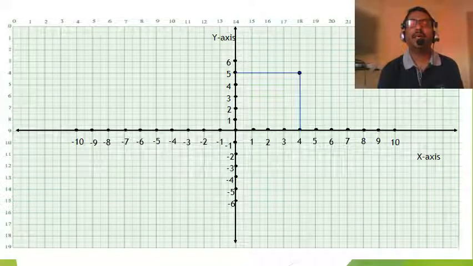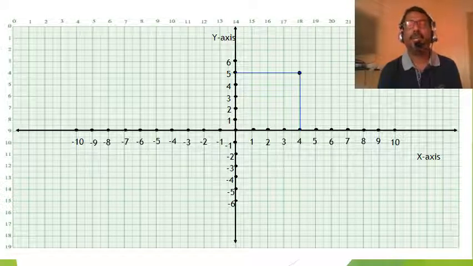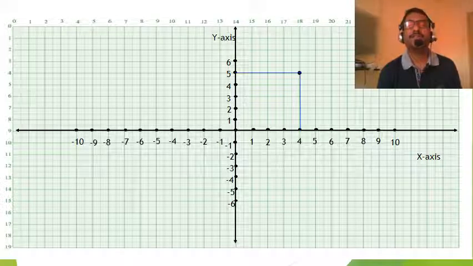Here the perpendicular on the x-axis from this point lies at 4 on the x-axis, so the x coordinate is 4, and the perpendicular on the y-axis lies at 5, so the y coordinate is 5.